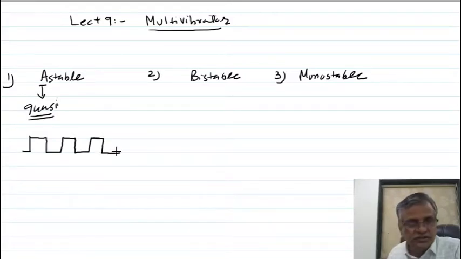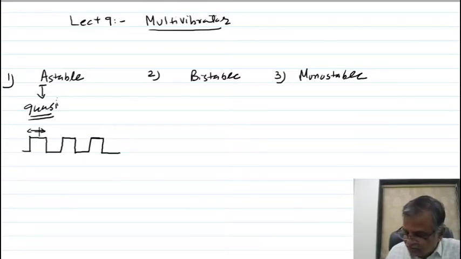The time duration of each state depends upon the charging and discharging of the RC circuit.